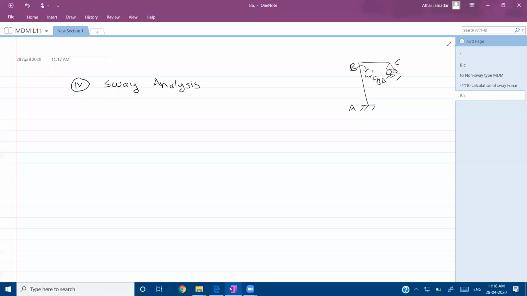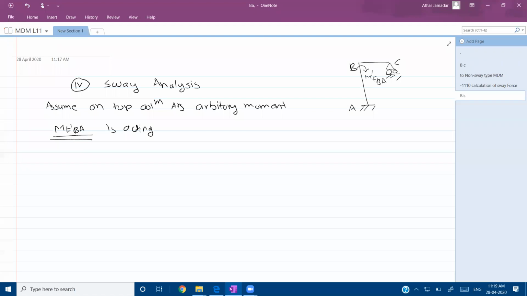So here what we will do, we will assume on top of column AB an arbitrary moment MF dash BA is acting, and you can assume any value of moment for this MF dash BA.